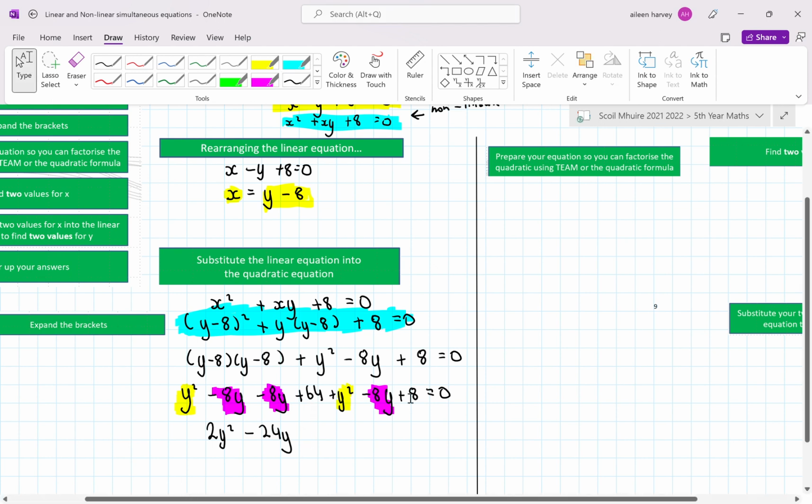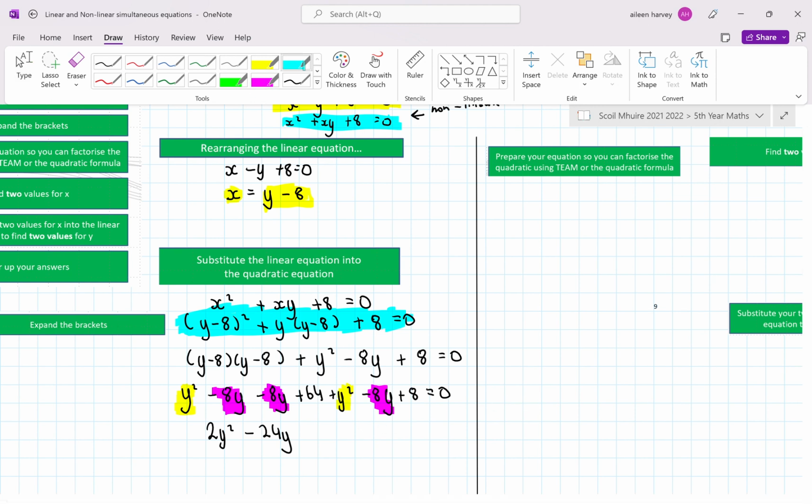And then 64 plus 8 gives me plus 72. So now my equation is 2y squared minus 24y plus 72 is equal to 0.